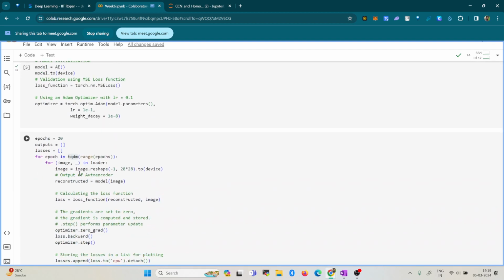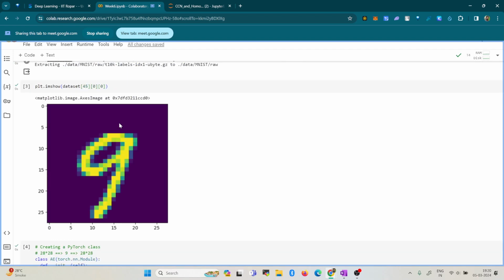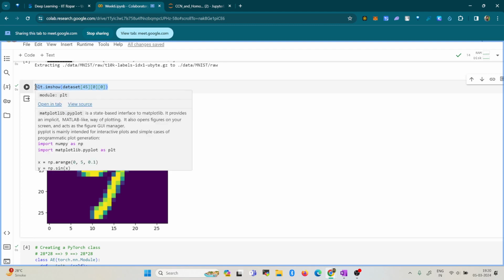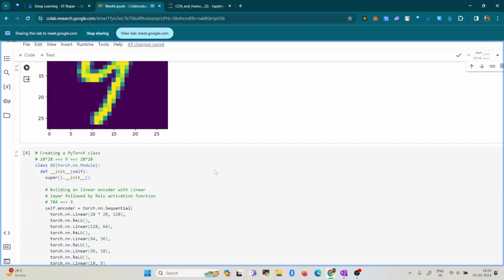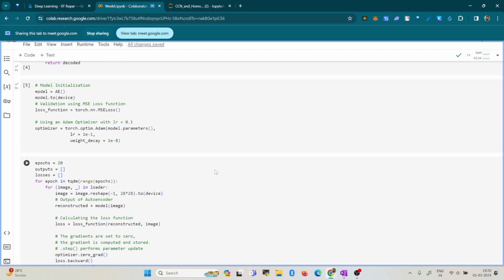So now here we will just run in loader. We are loading images from the loader. The images that we had, I didn't show it over here, are of size 28 cross 28. But when we pass them through the neural network, we want to pass them in size 784 into 1.